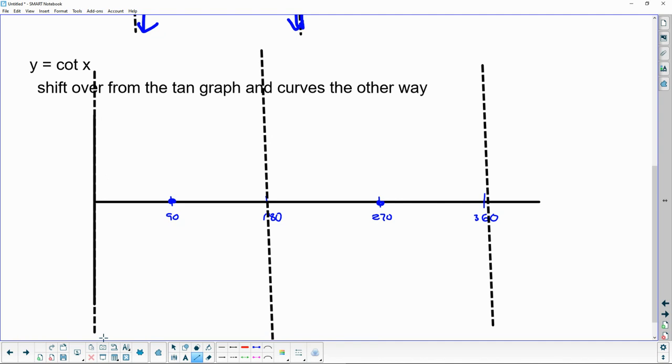Okay, and where the tangent graph would curve to the left, this one's curving the other way. So we would start at the 90-degree line, and we would go up towards 0 and down towards 180. So it looks like this.